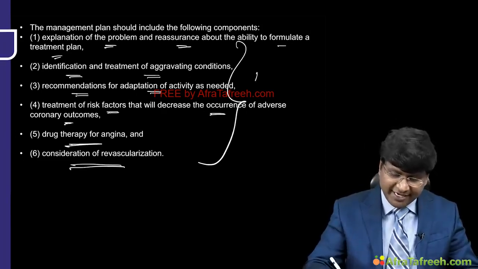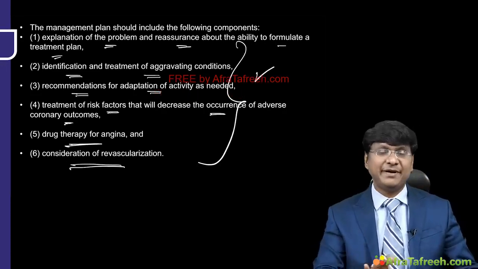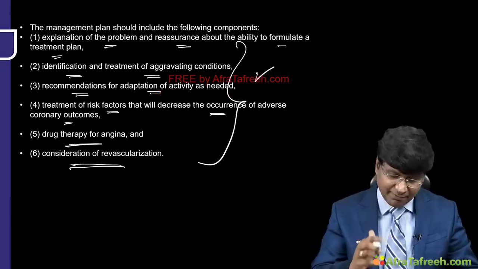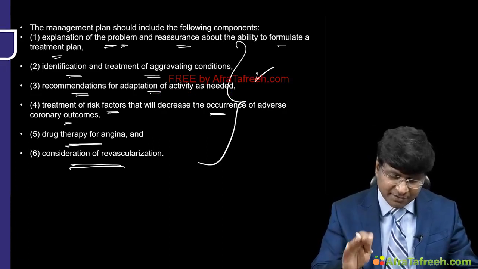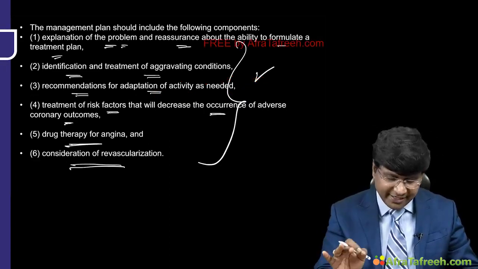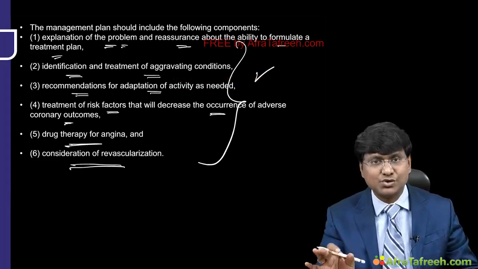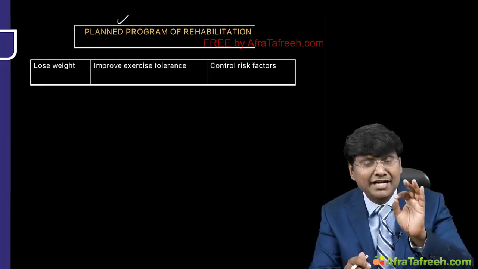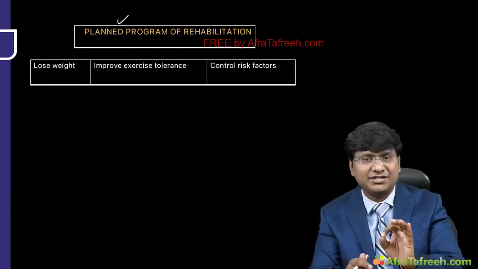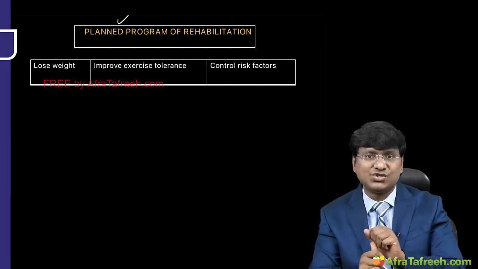So the line of management of stable angina pectoris is in the following manner. First important thing is what? The explanation of the problem and reassurance about the ability to formulate the treatment plan. So what will a planned program of rehabilitation consist of?